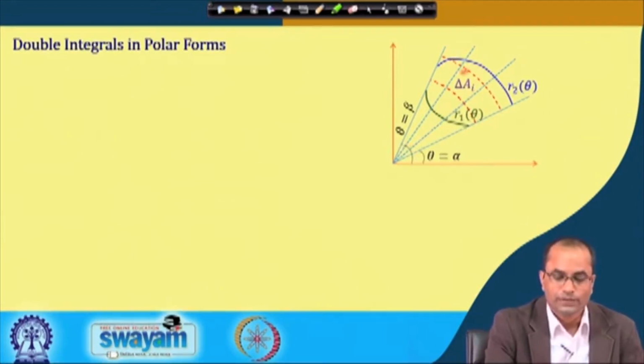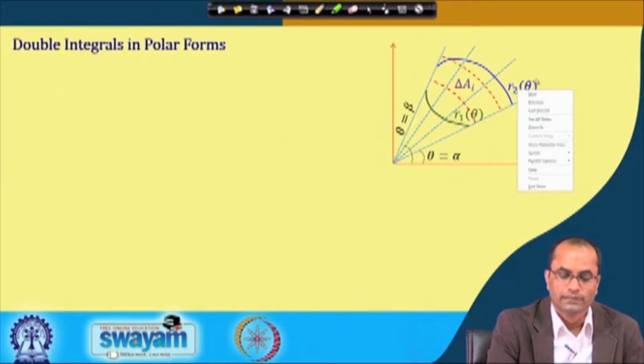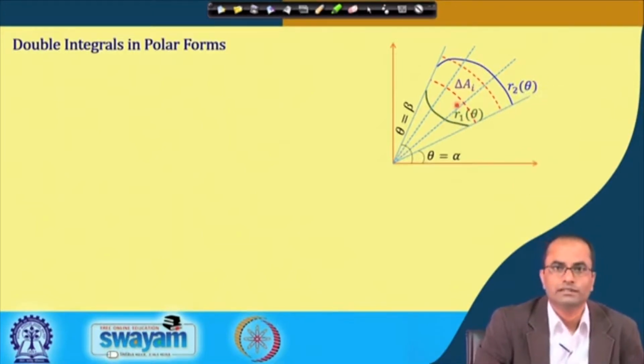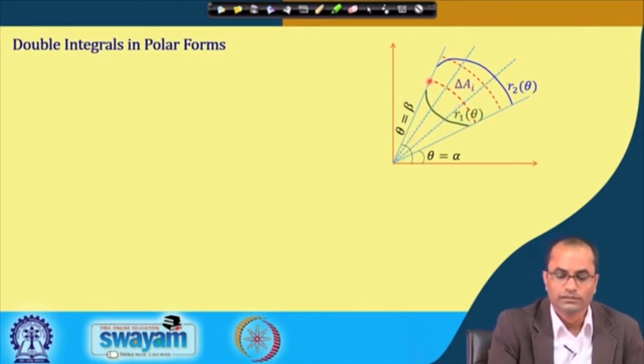In that situation, when our domain is bounded by these two curves r1 theta and r2 theta, we can do the integration easily with the help of polar coordinates, because the limits for this domain are easy to evaluate.